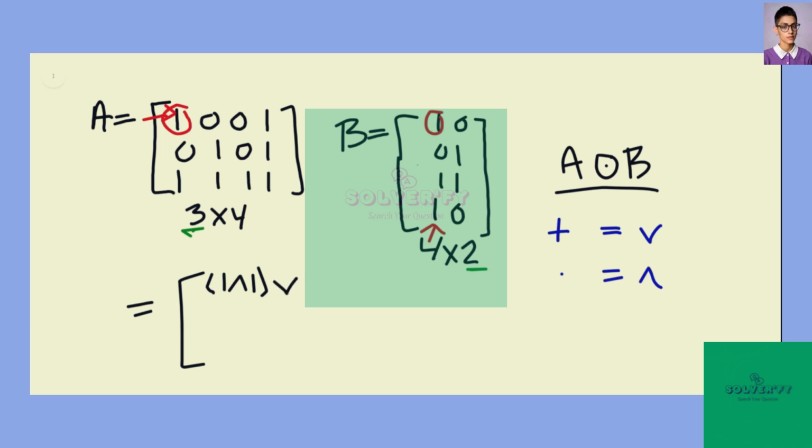Okay? And so we move on to the next two elements. So then we say 0 and 0, or 0 and 1, or 1 and 1.